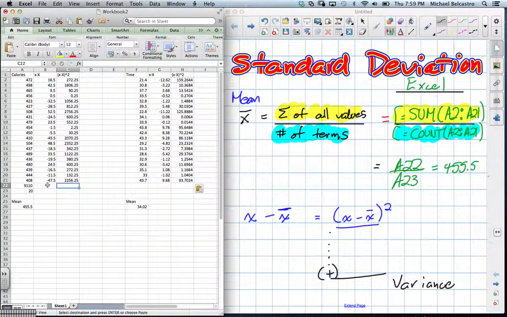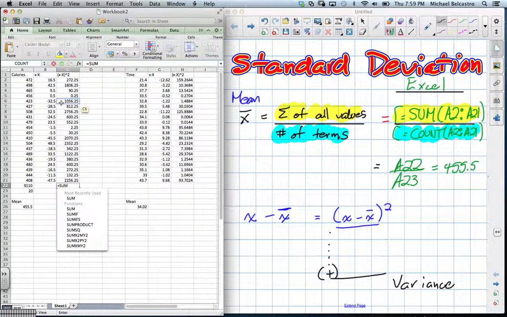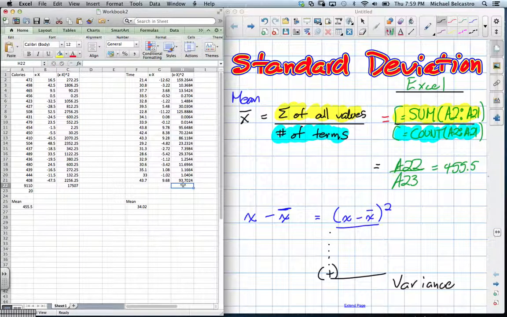Do you remember what we do? You just highlight them and sum. Yep. Sum, bracket, all of those values. And it summed them all for us. So we'll do that under both of them. Sum, bracket, drag it down. So I've now summed all those values.